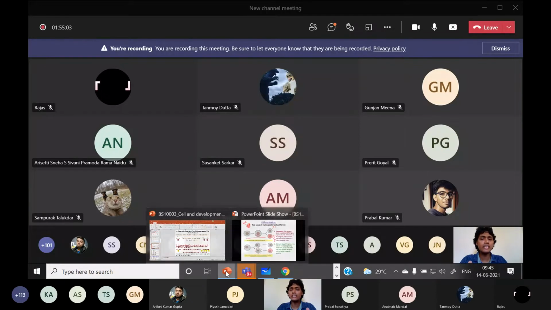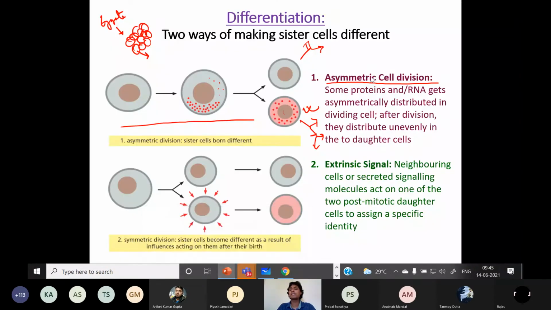So the asymmetric division is one part, and the other is that even after symmetric division, there can be some extrinsic signal, that means neighboring cells secrete some signaling molecule. This is a little more philosophical, I would say, and a little more complex to explain. But that also makes some differences.